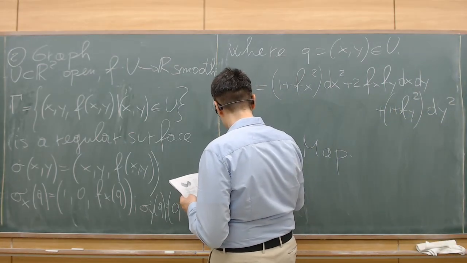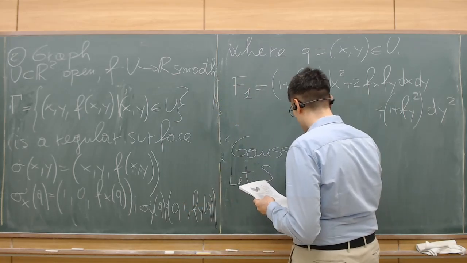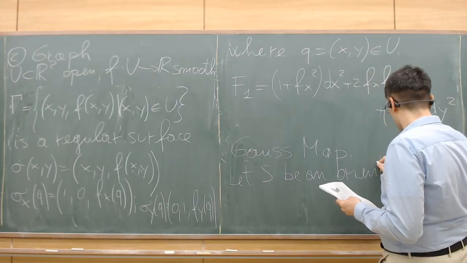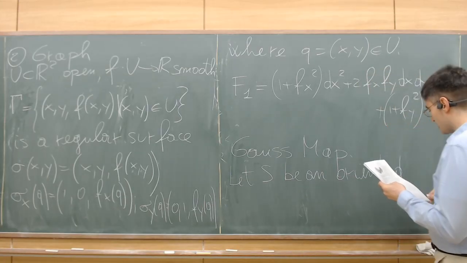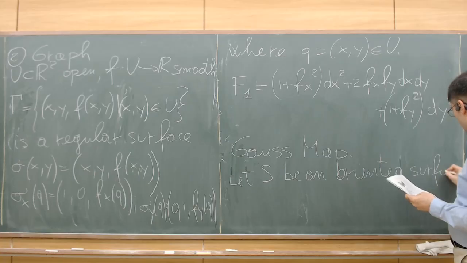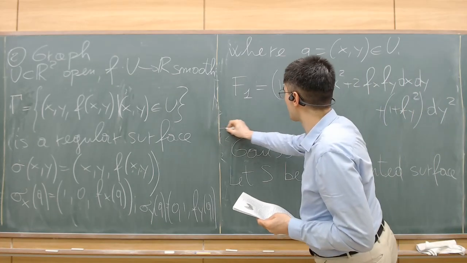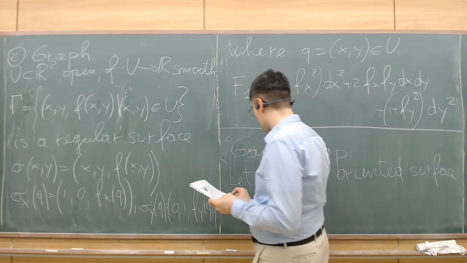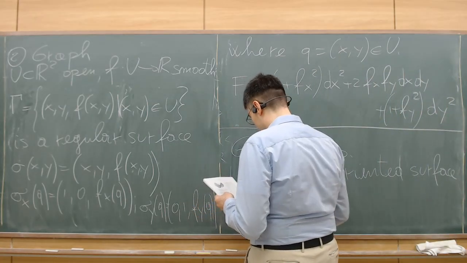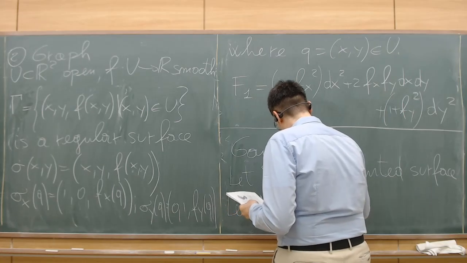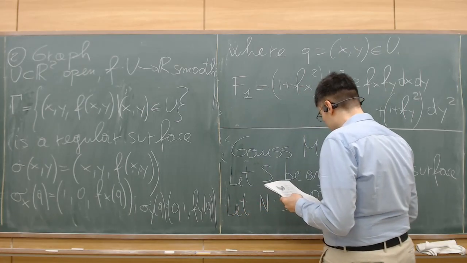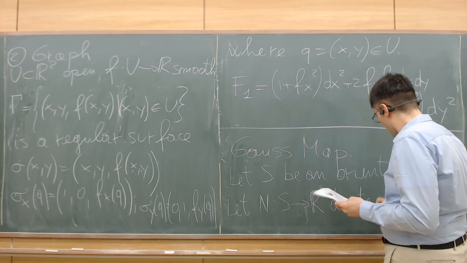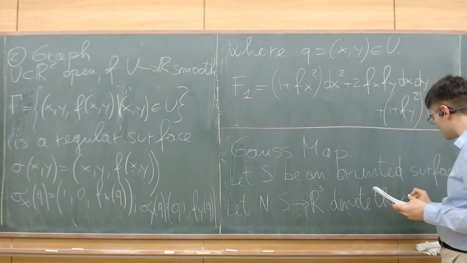So let S be an oriented surface and let N denote the orientation.